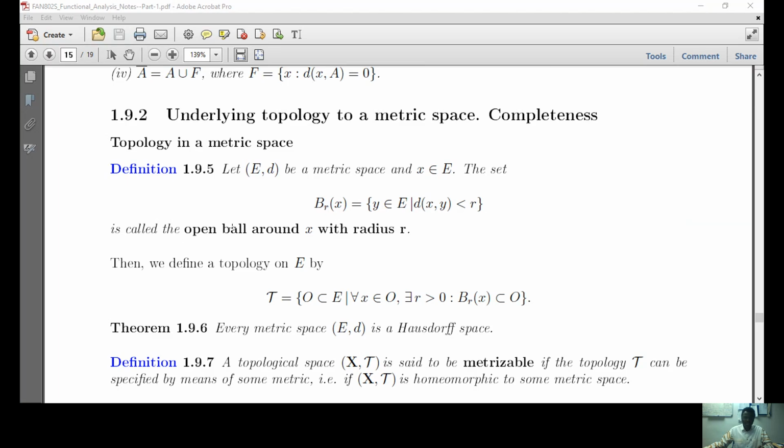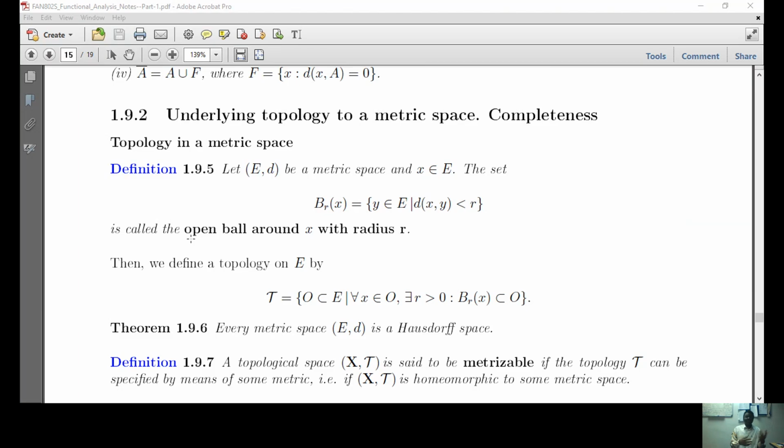So we already have the definition of an open set. Of course, it's not a general open set, but we call it an open ball, which is a particular form of an open set. Because once we have a topology, we know that a union of opens is still open.